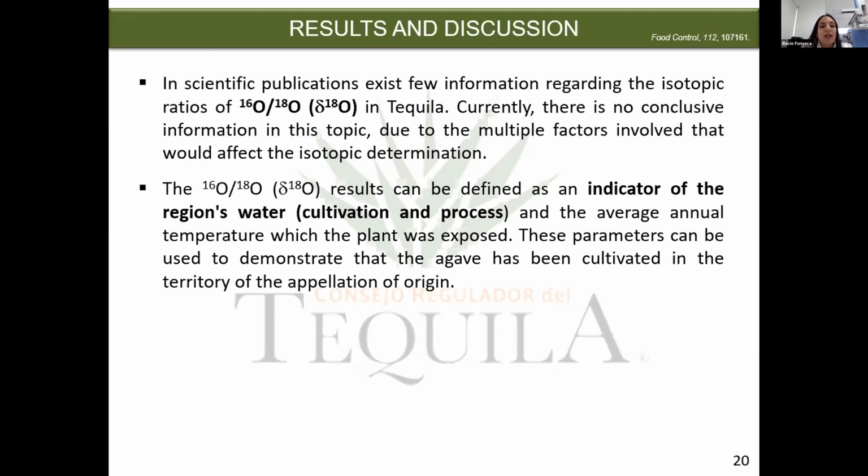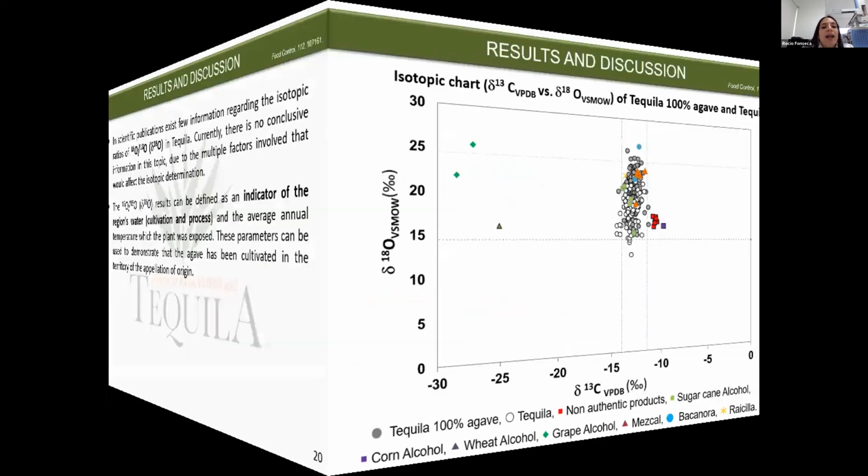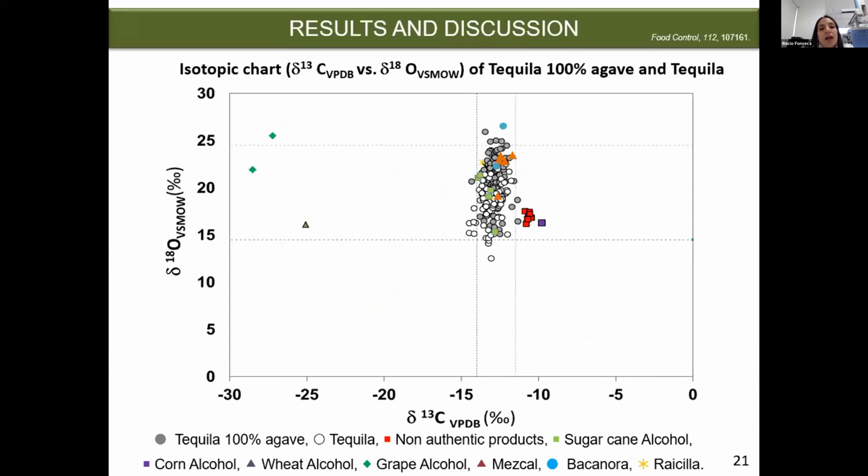Now, we constructed an isotopic chart with isotope ratio of carbon-13 versus isotope ratio of oxygen-18 in order to validate the isotopic chart as a complementary parameter of authenticity of the products.